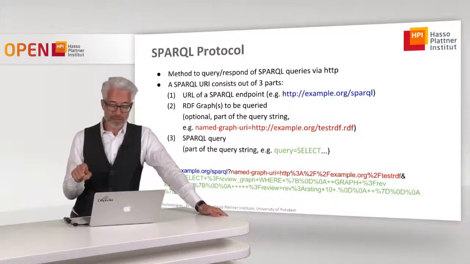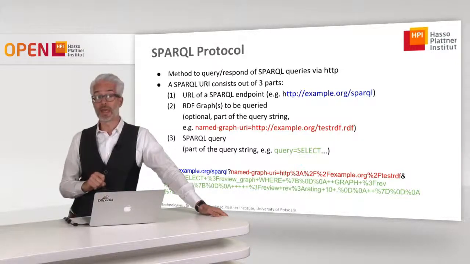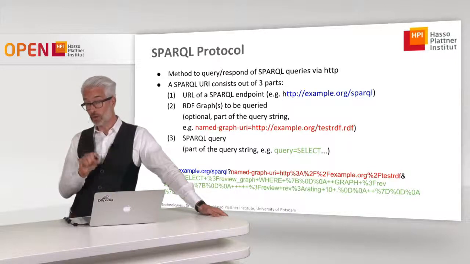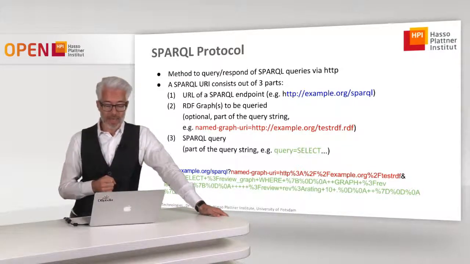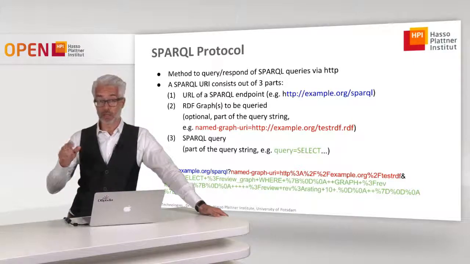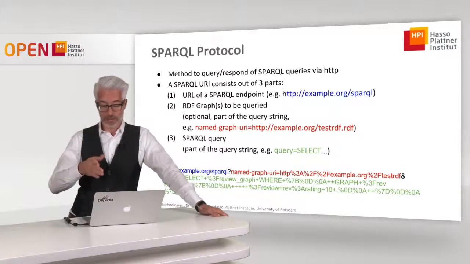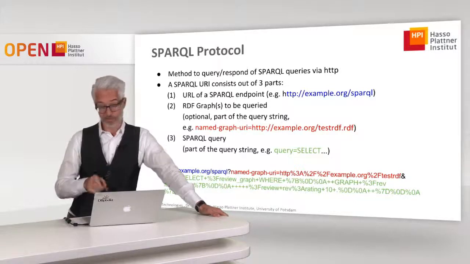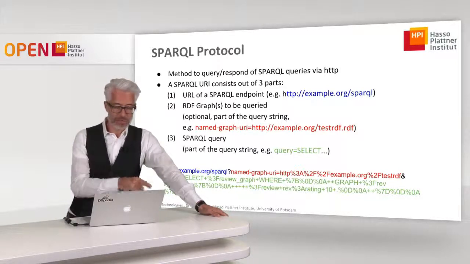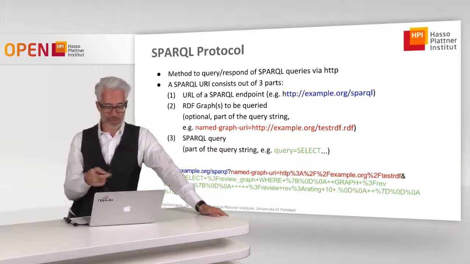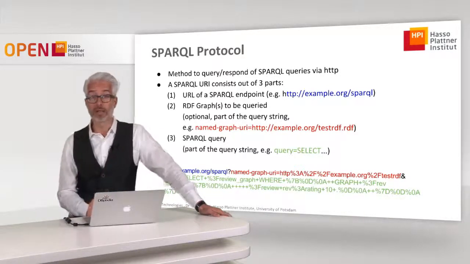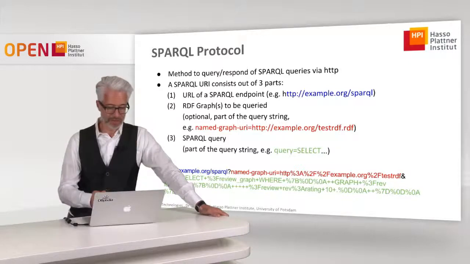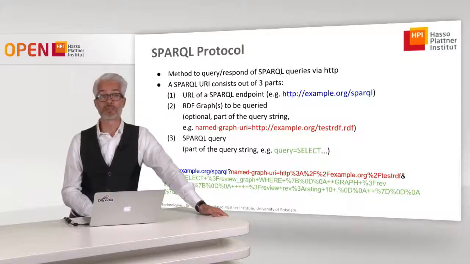And of course these things should be encoded as URL. So this is URL encoding. And then comes the SPARQL query, and the separator in the URL is here the ampersand sign. That's the black ampersand sign, and then in green comes the query equals, and then comes the entire select query also in URL encoding. So therefore you see these kind of special characters here.